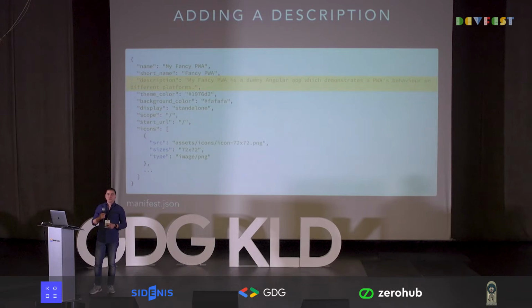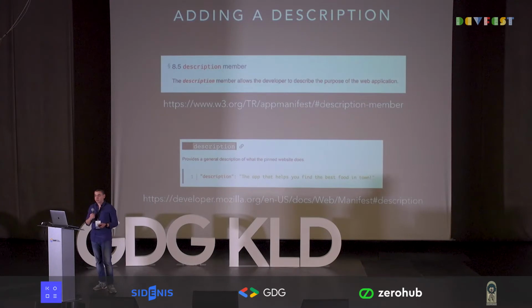One of the improvement points that I see on top of the manifest file created by Angular PWA is adding the description field. It doesn't add the description field for you, although it's a standard. It's a standard on W3C, and it's also documented on MDN.